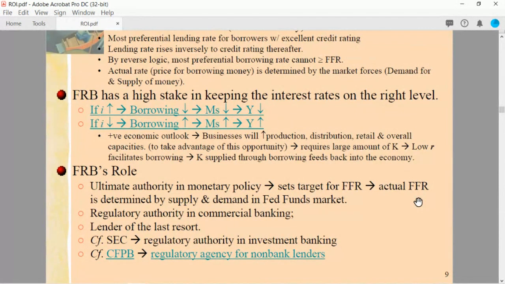The transactions between the Federal Reserve and the commercial banks are called balance sheet transactions. In other words, they simply adjust the balance sheet, right? There's no actual transfer of cash. They simply adjust the balance sheet, and that creates the money supply. How?